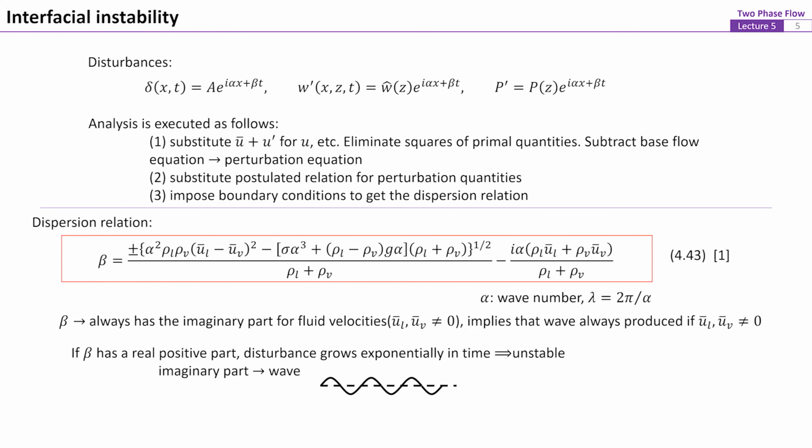This implies that any horizontal velocity component in either fluid will produce waves at the interface. If beta has a positive real part, the amplitude of the perturbation will grow with time. This will happen if the value of the first braces is positive.